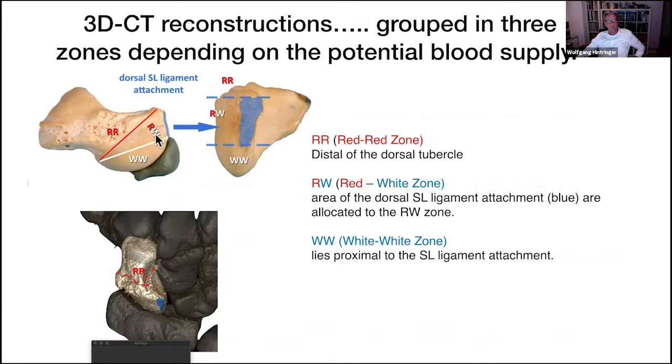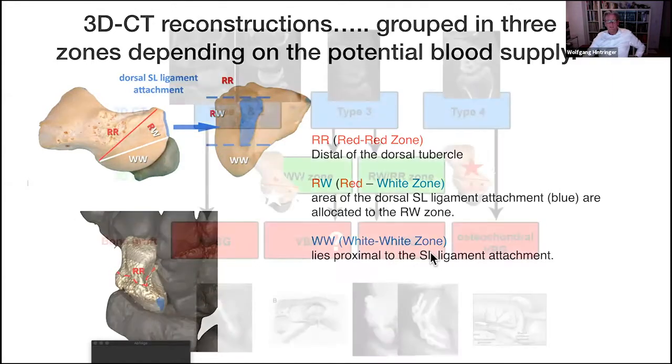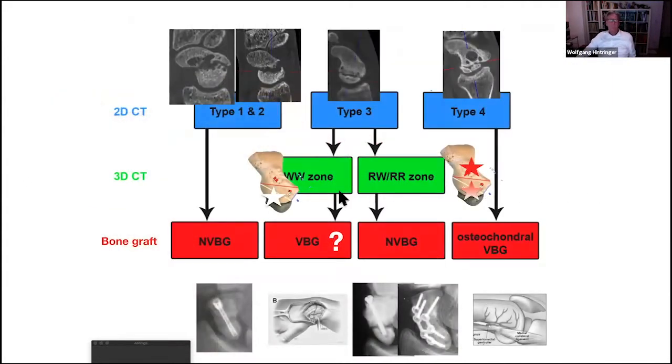The red-white zone is in the ligamentous insertion of the SL ligament, some vascularity, that means red-white zone, and the white zone is proximal to the insertion of the SL ligament with no vascularity. And then they formed their classification.